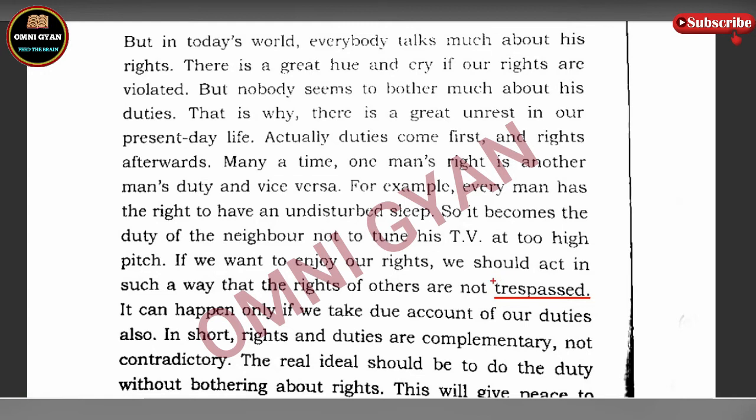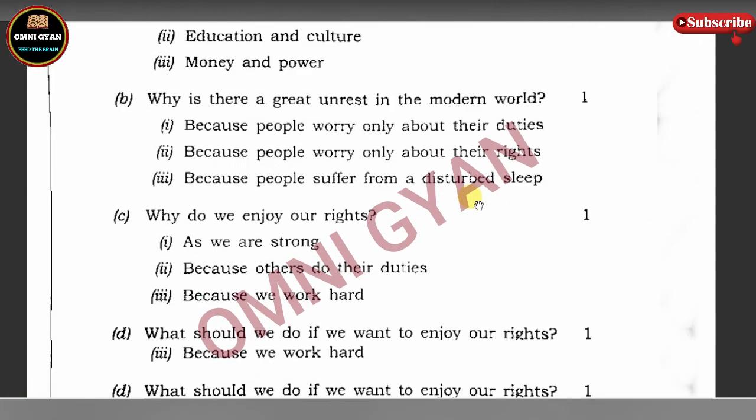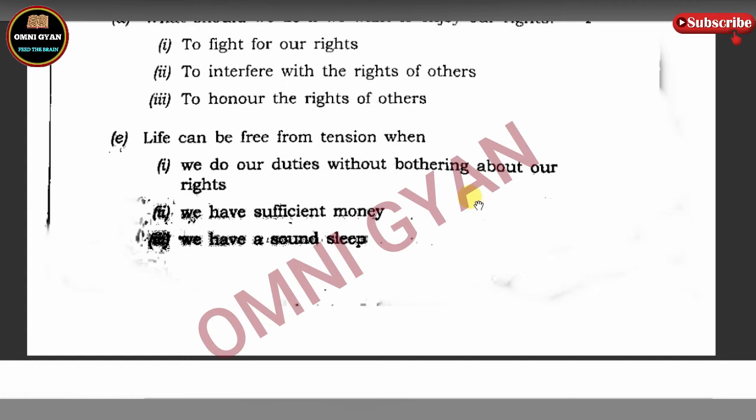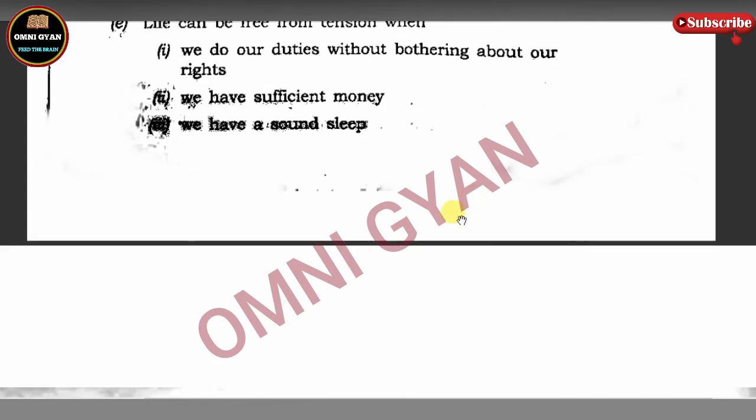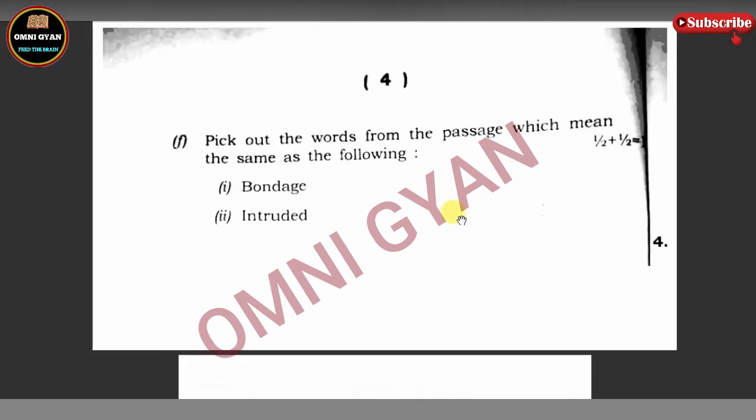So trespassed, the other meaning for trespass is intruded. Okay, so both the words are there. Bondage means slavery and intruded means trespassed. I hope you have got all the answers, right?